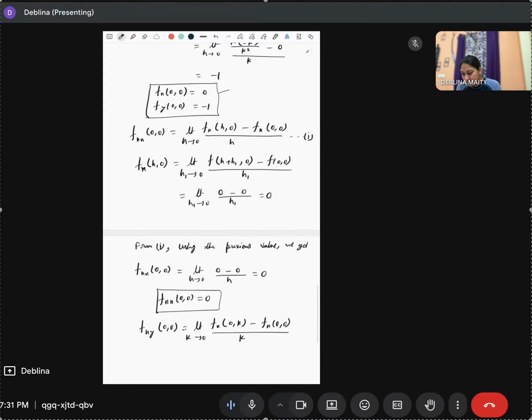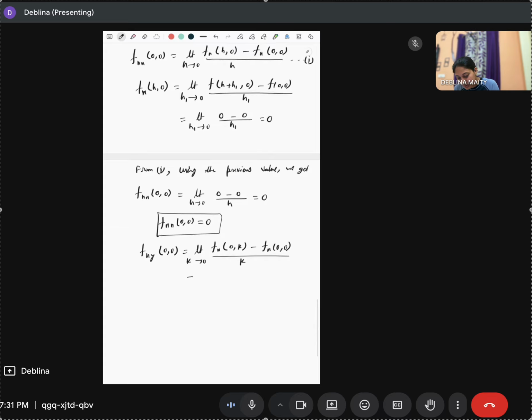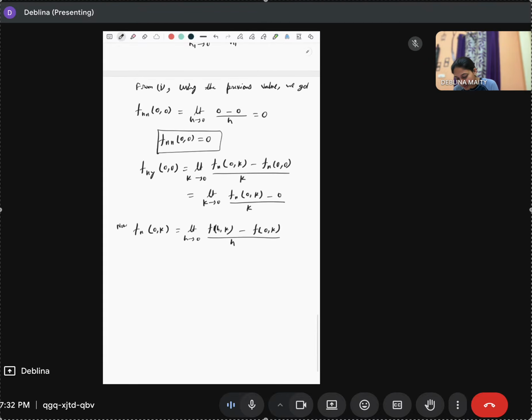I think fx(0,0) is 0, so it is the limit as k goes to 0 of fx(0,k) minus 0, divided by k. Now what is fx(0,k)? It equals the limit as h goes to 0 of f(h,k) minus f(0,k), divided by h, right?